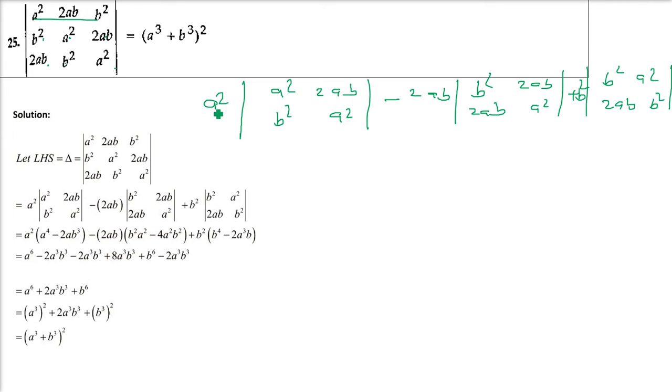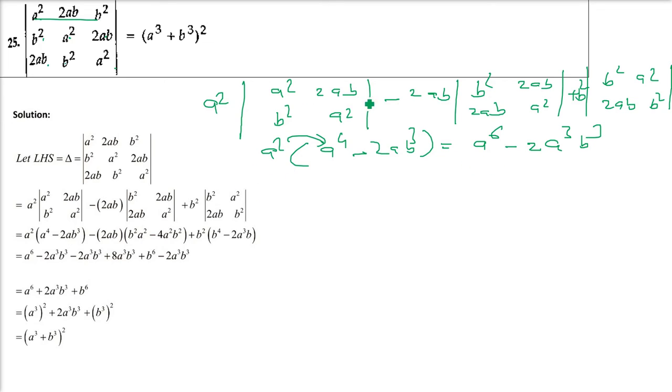Now I'll do it one by one. It's always good to do one by one. A square, A raised 4 minus 2 into A into B cube. This is the first one. Let us open it up first. A raised 6 minus 2A cube B cube.